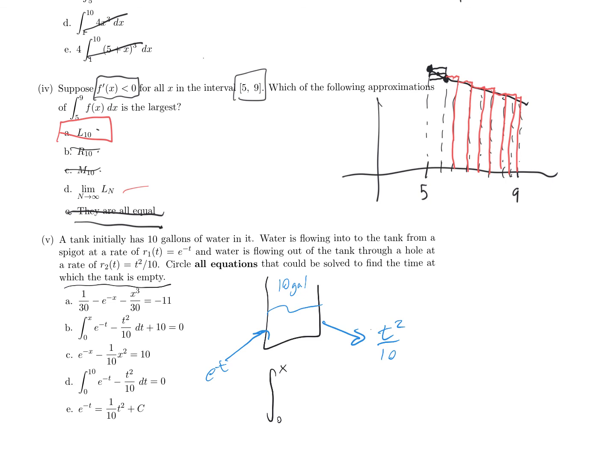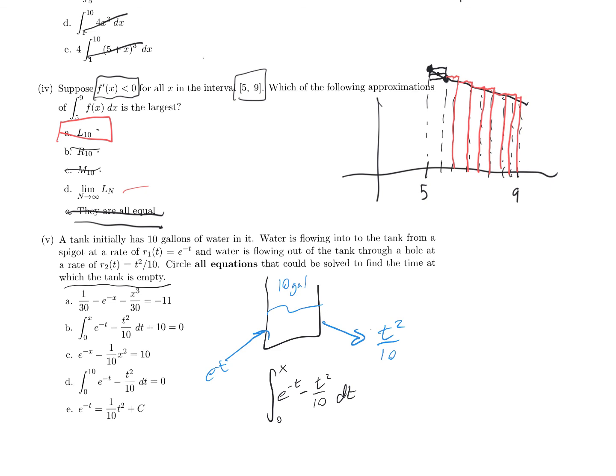And my rate in, that's the water coming in, if I integrate that from 0 to x, that's how much water the tank gained. And I subtract my rate out, which integrated will be how much water the tank lost. So if I do rate in minus rate out, that's the total amount of water coming in or out of the tank, depending on the time.